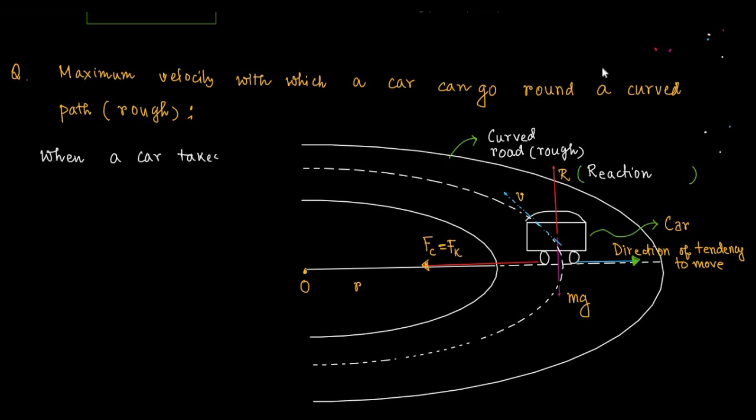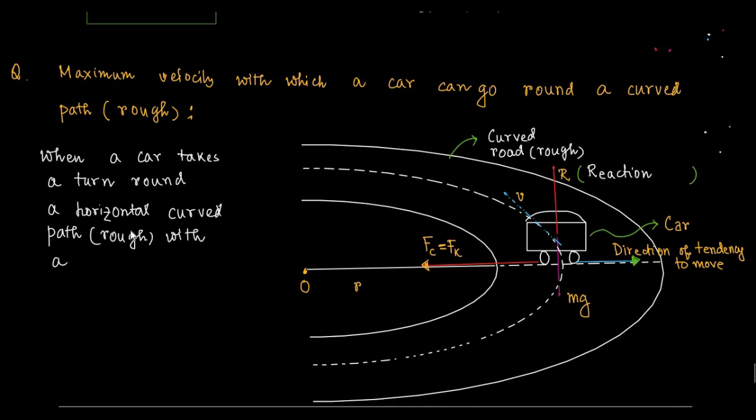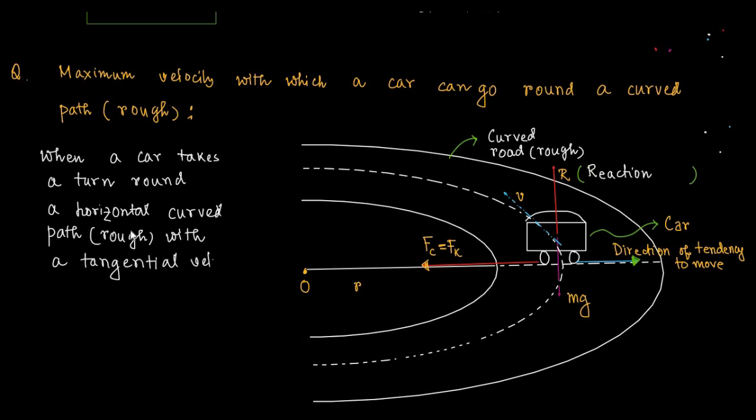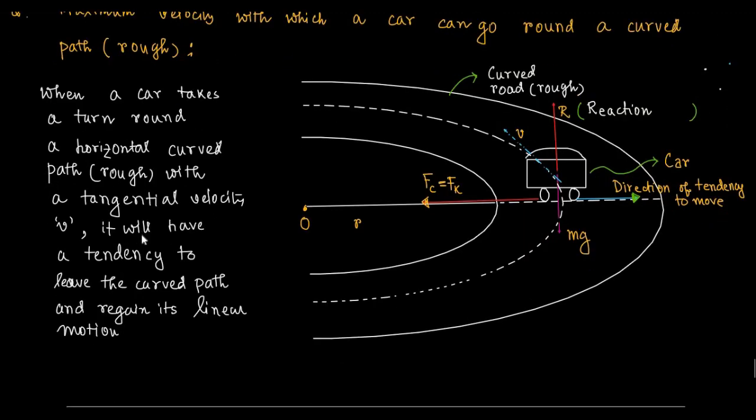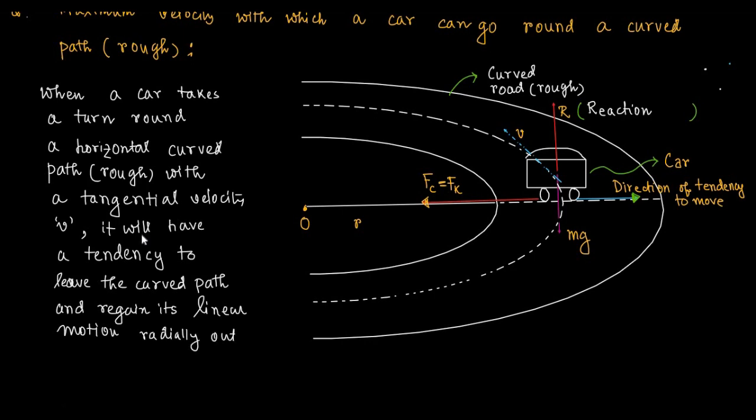When a car takes a turn round a horizontal curved path, the curved path being rough, with a tangential velocity V, it will have a tendency to leave the curved path and regain its linear motion radially outwards.